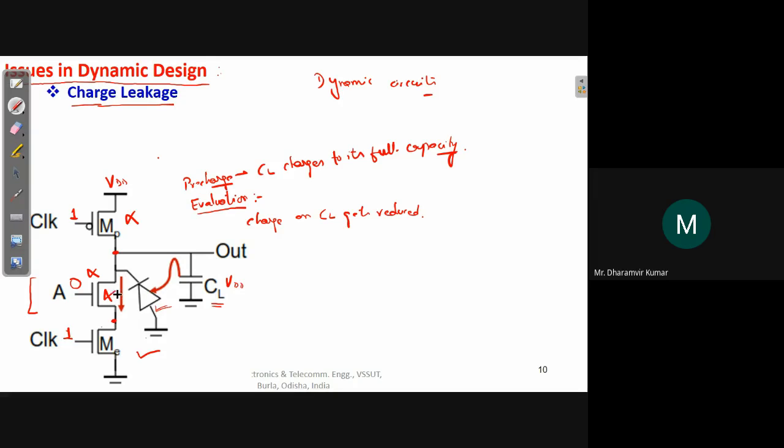When there is a small amount of leakage current, that will try to reduce the voltage of the load capacitance, and when the voltage reduces on the load capacitance, that will reduce the charge content of the load capacitance also. So who is the culprit here? The leakage currents are the culprit here, right?